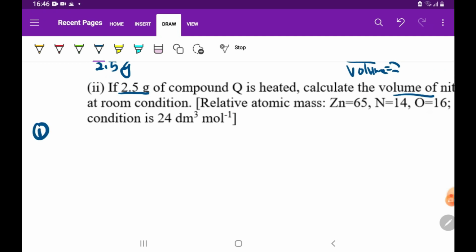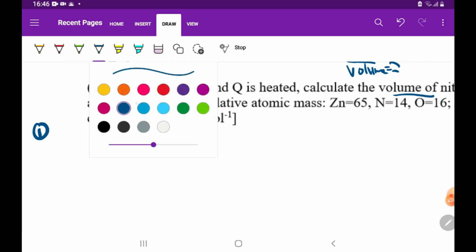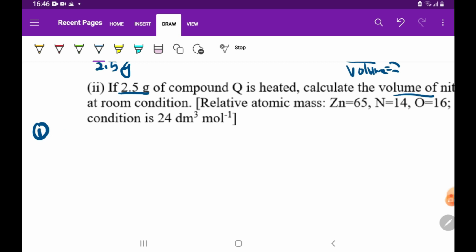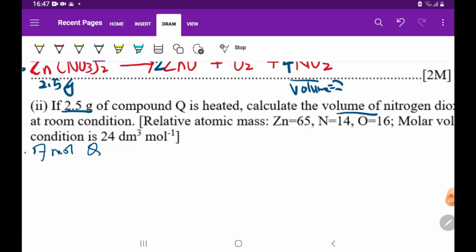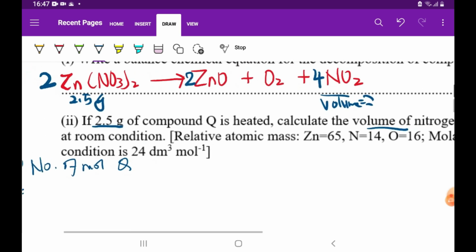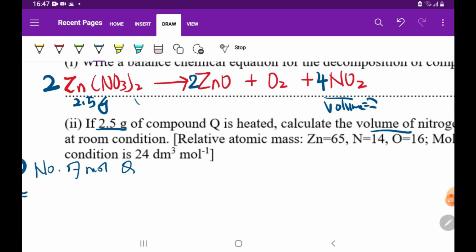So first, we need to find the number of mole of Q. So here, number of mole for Q, it would be zinc nitrate, right?